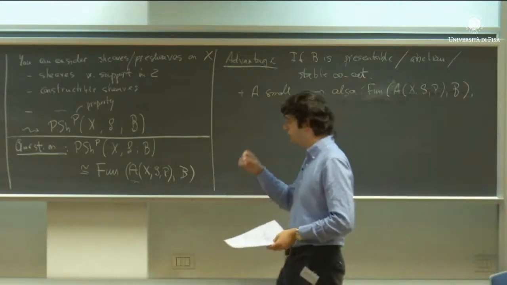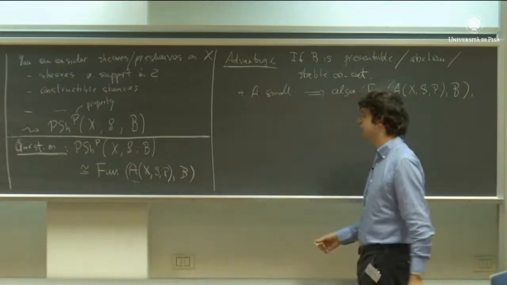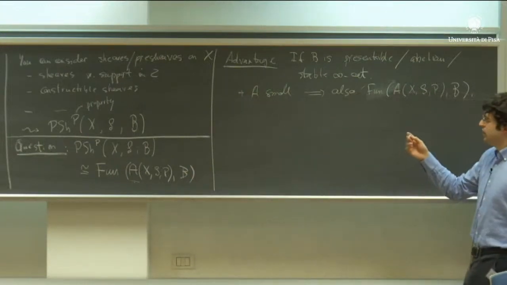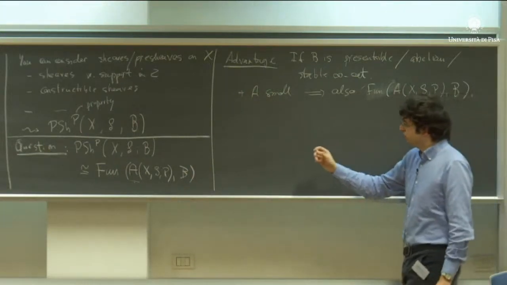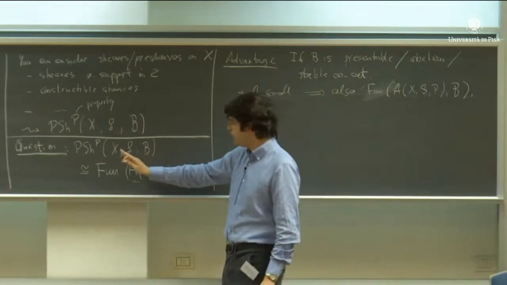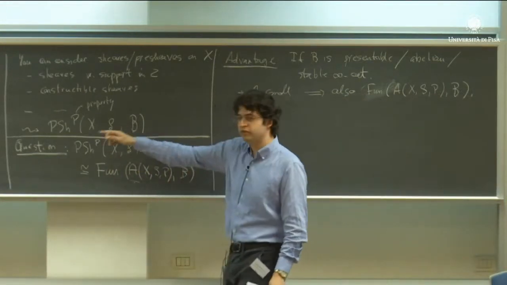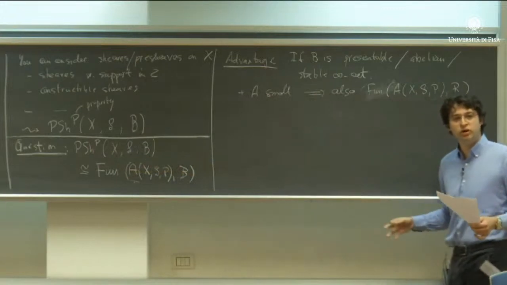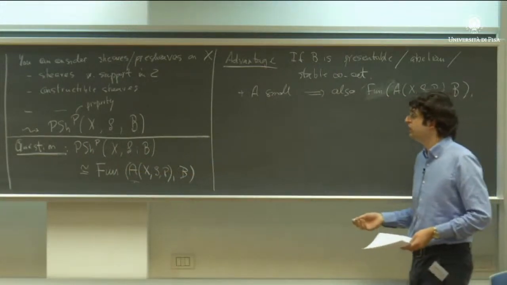And there is also another application, which I will be more precise about later: symmetric monoidality. So is the association X, S going to this category in any way symmetric monoidal? This is interesting, actually.